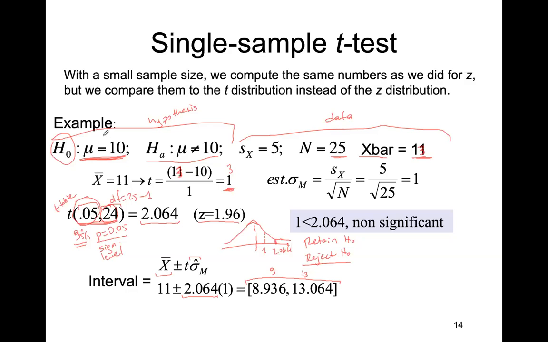So my mu is 10. So it is somewhere here. I can say that I have non-significant evidence against the null hypothesis. So I retain H0. You remember we did something like that in confidence interval explanations.